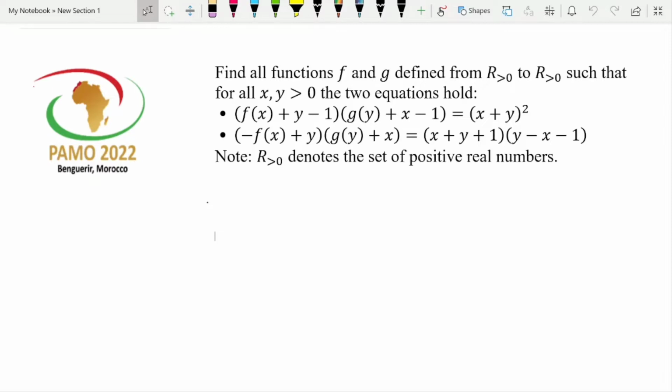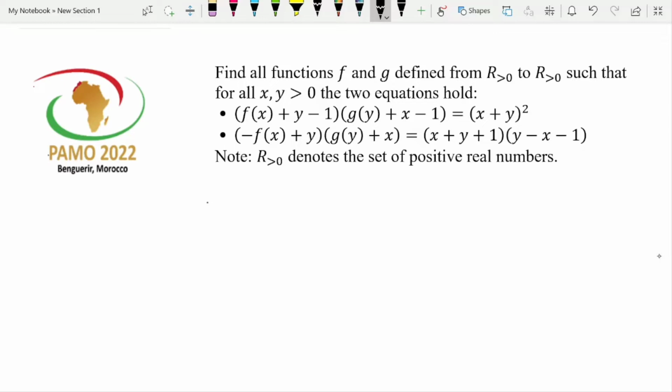The second one says (1 - f(x + y))(1 + g(y + x)) equals (x + y + 1) times (y - x - 1). There's a side note that R greater than 0 denotes the set of positive real numbers. That's our problem for today.